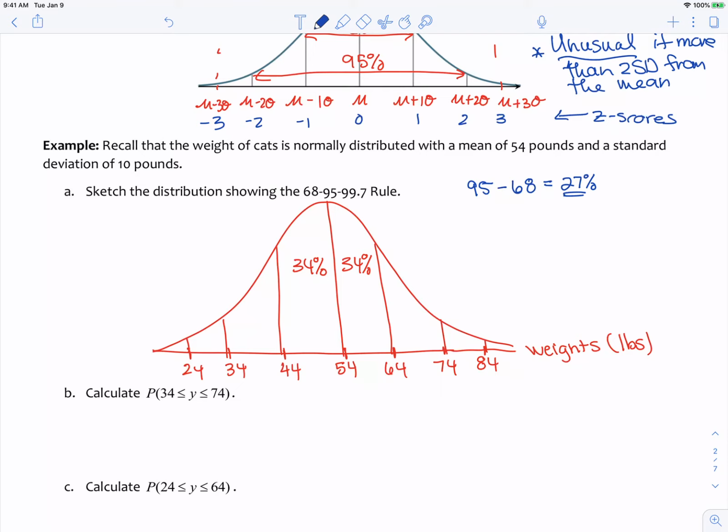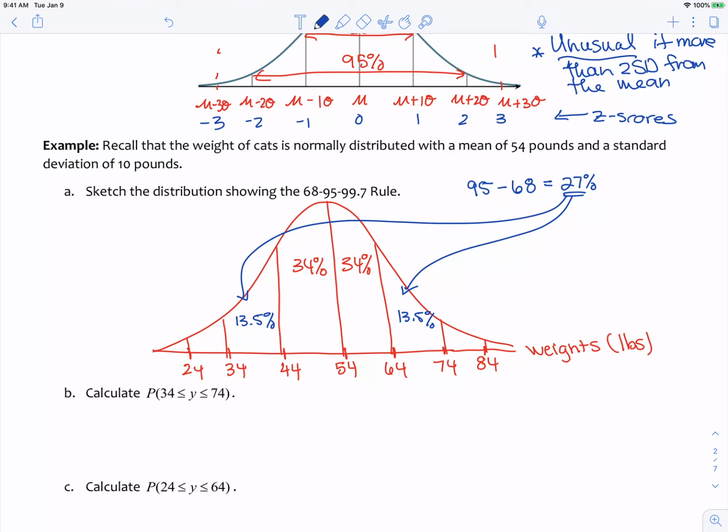So I'm going to have half of that go in here and half of it go in here. And that's going to give us 13.5% in each of those regions. Okay, so 13.5% of cat weights lie between 64 and 74 pounds.